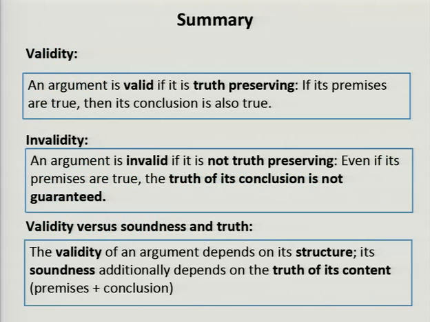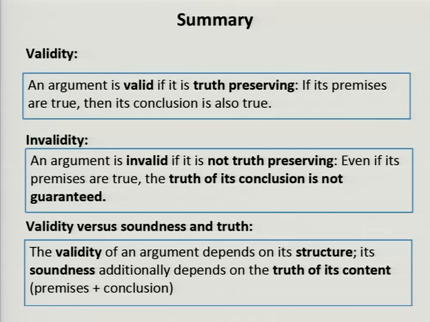So to summarize that, and then we'll quickly move to the last point, we say that an argument is valid if it is truth-preserving. If its premises are true, then this truth carries on naturally to the conclusion, and things could not be otherwise. An argument is invalid if it is not truth-preserving.